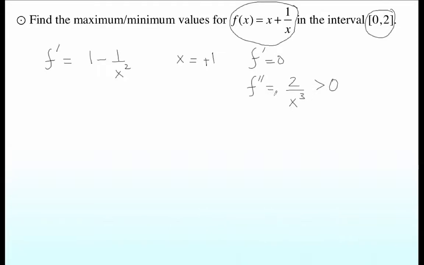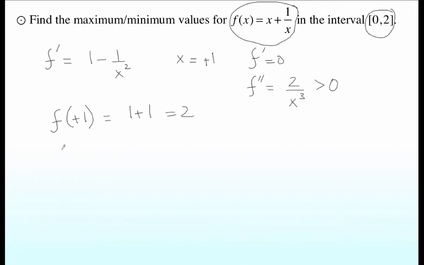What will be the value of that minimum? Well, let's put in the value of x. We see that f at the point plus 1 is obviously 1 plus 1 over 1, which is 2. And so the minimum value of f will be 2.